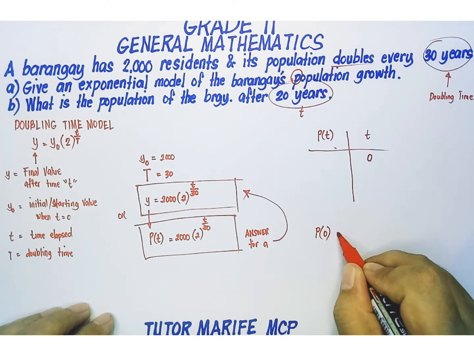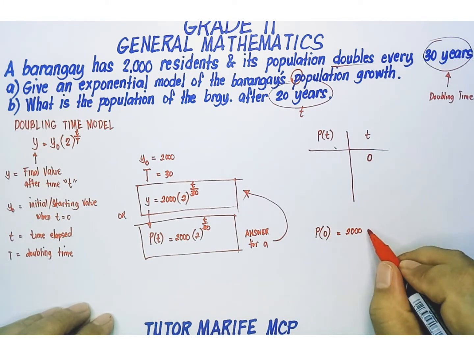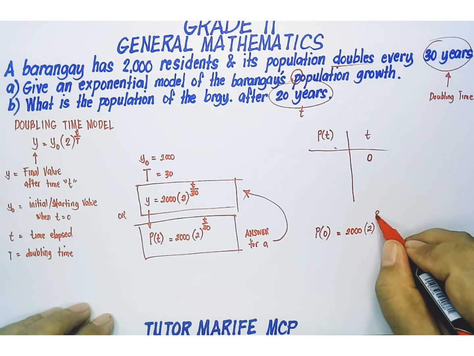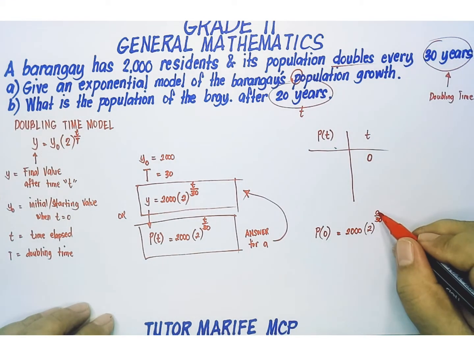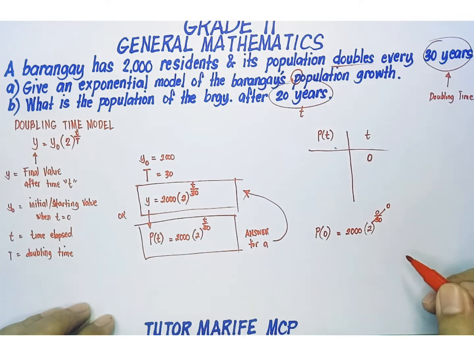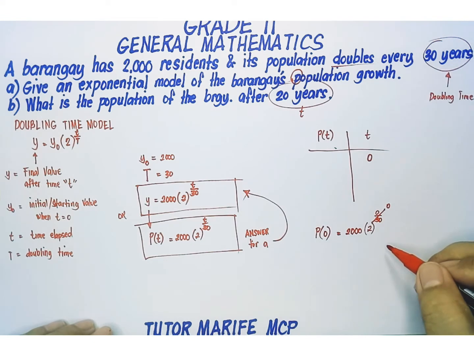Yun lang ang ibig sabihin nito. It's equal to 2,000 times base 2 raised to 0 divided by 30. And what is 0 divided by 30? That is still equal to 0 because 0 divided by any number is always equal to 0.